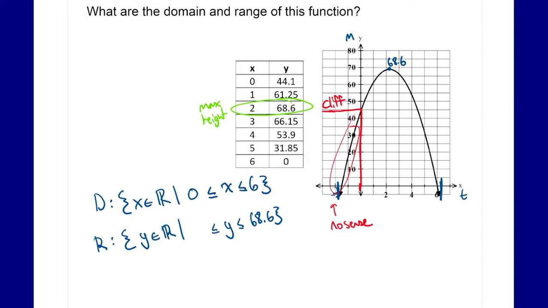So the lowest possible height would have to be 0, or ground level. The highest possible y value is the maximum height, or the vertex, of our pathway, which is 68.6. So again, we take the scenario into consideration when looking at domain and range.